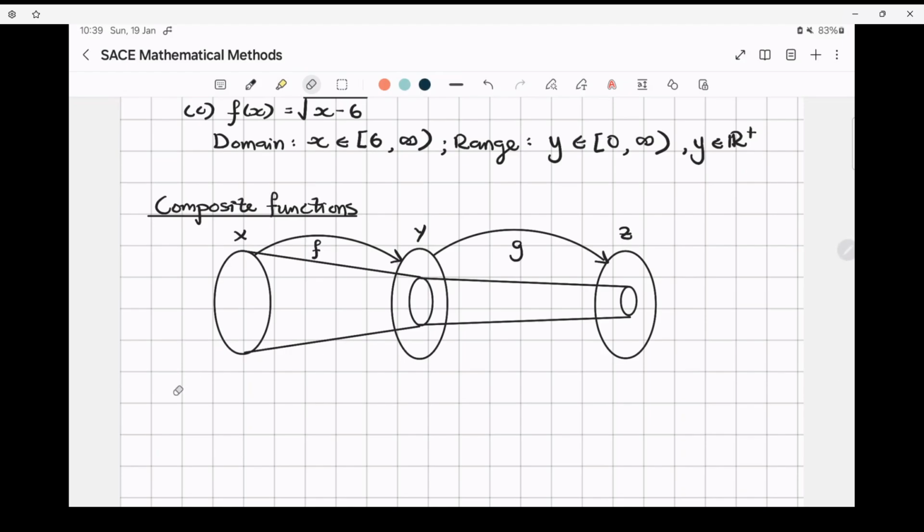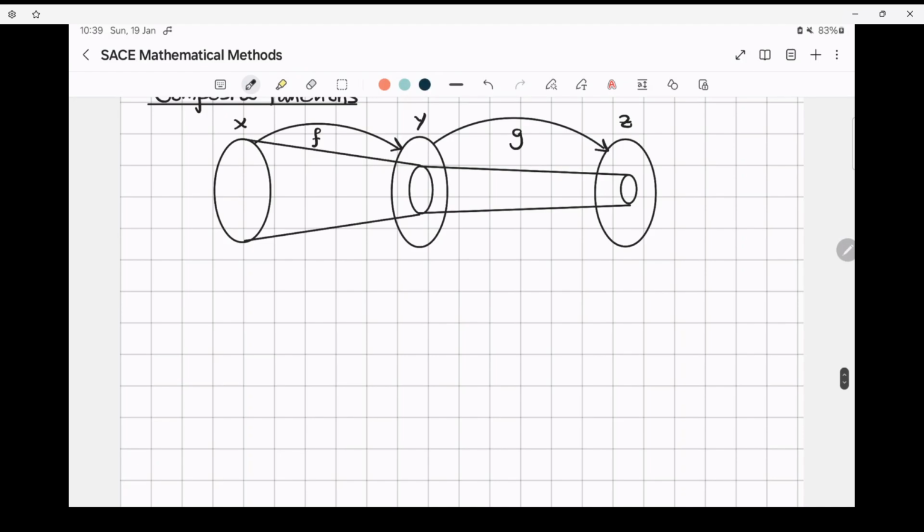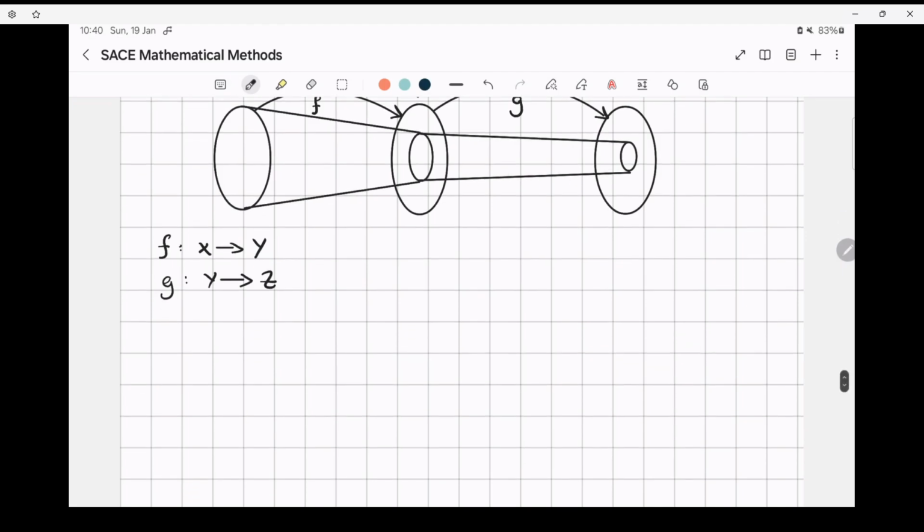So if let's say you have a function f which maps from X to Y, as shown in the figure above. So g maps from Y to Z. Then you can define a composite function that maps from X to Z such that h of x is given by g of f.